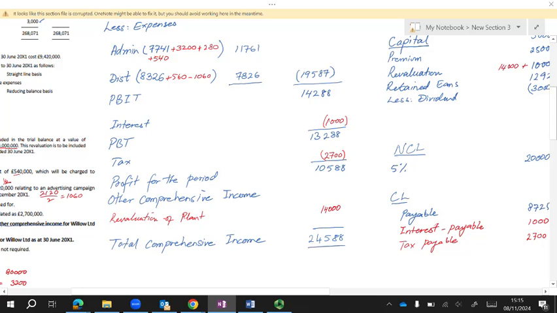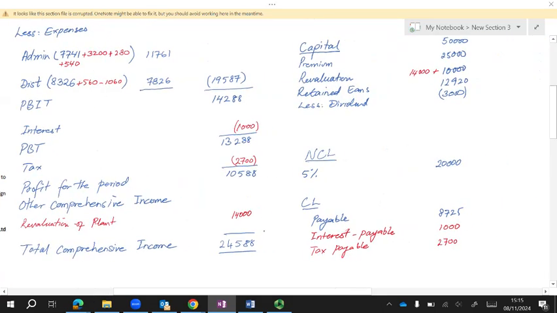Now remember that we will not take 24,588 and make it part of the capital. No, do not do that, because you have already recorded 14,000 in your revaluation. Therefore, profit for the period will become part of the capital, which is 10,588.